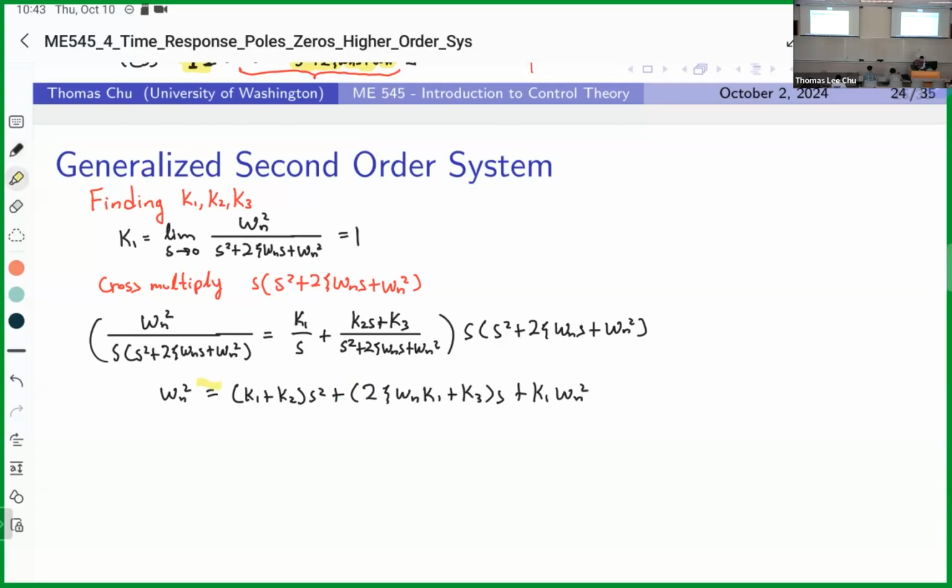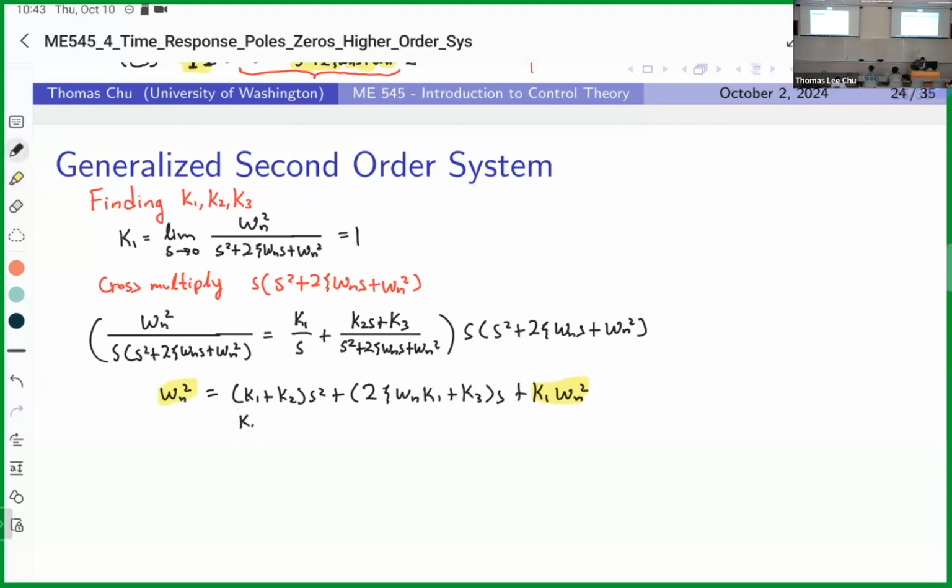And this is a confirmation that K1 is equal to 1, because omega n squared is equal to omega n squared. 2 zeta omega n K1 plus K3 is equal to 0, and K1 plus K2 is equal to 0. So then we have three equations.